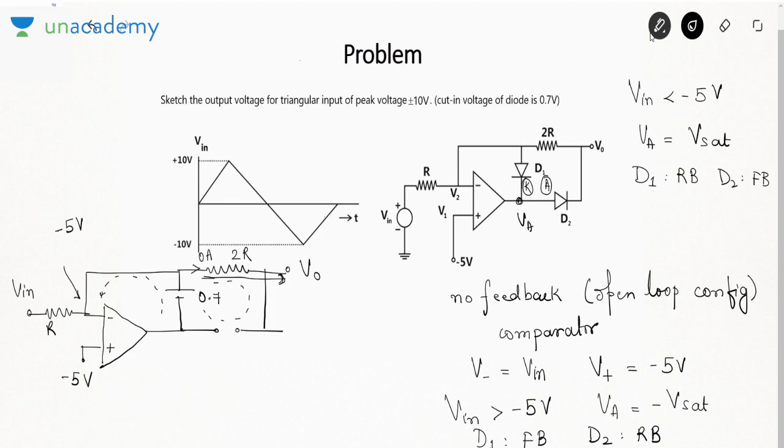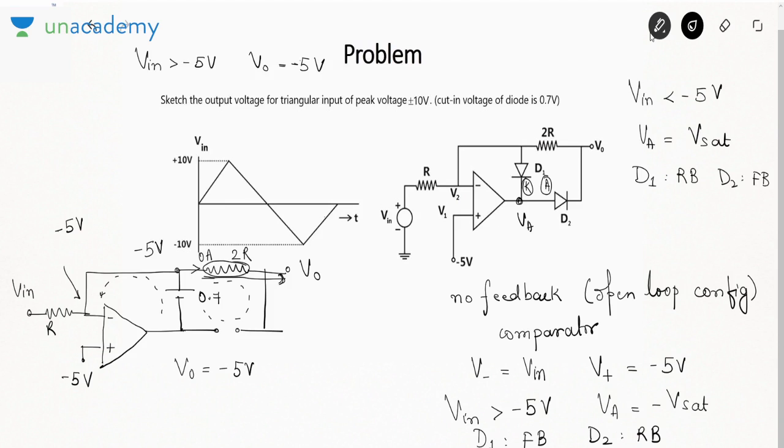By negative feedback the voltage here is minus 5 and there is no drop in 2R, because the current in 2R is 0. So V0 will be minus 5 volt. Are you getting my point? So if Vin is greater than minus 5, V0 is coming out to be minus 5 volt.